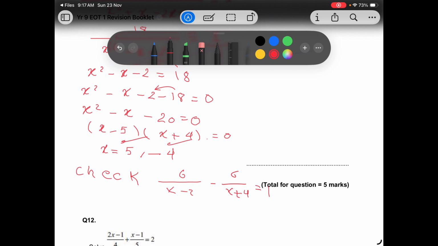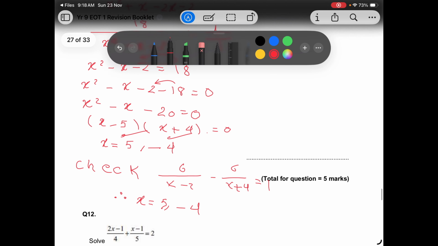One time replace x by 5, you will end up with 1 on this side. And when you replace x by minus 4 in the same side, you will end up with the same result, 1. So both are solutions. So in total, the solutions are x equals 5 and minus 4. Both are correct.